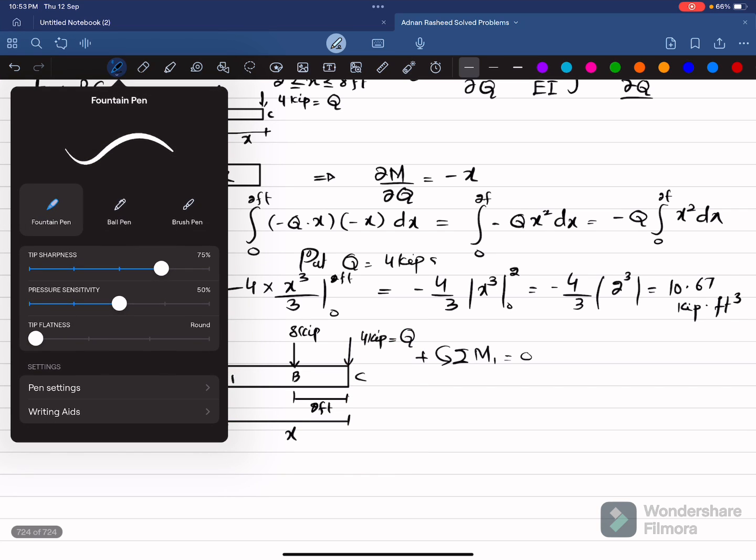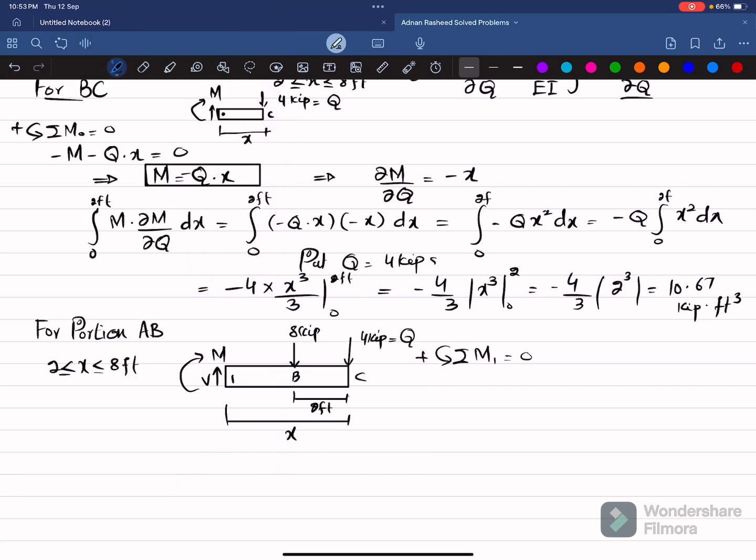So I will write minus Q times x. The second moment is due to this load into the perpendicular distance, which is equal to x minus 2 feet. And this is also producing clockwise, so it will be negative. So I will write minus 8 into x minus 2.